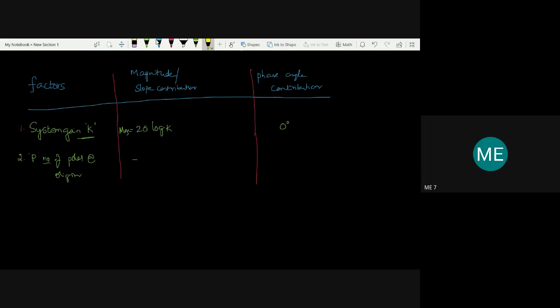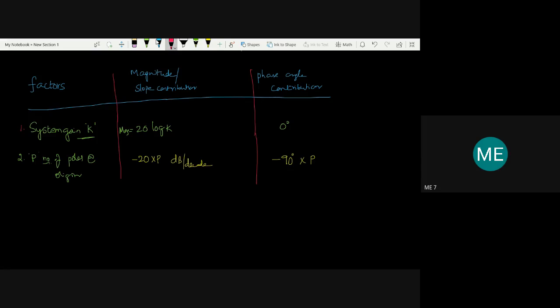Slope contribution is minus 20 into P dB per decade. This is the slope contribution by the P number of poles at origin. Then the phase angle is going to be minus 90 degrees into P.